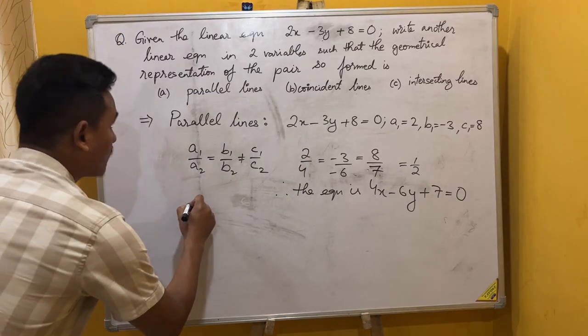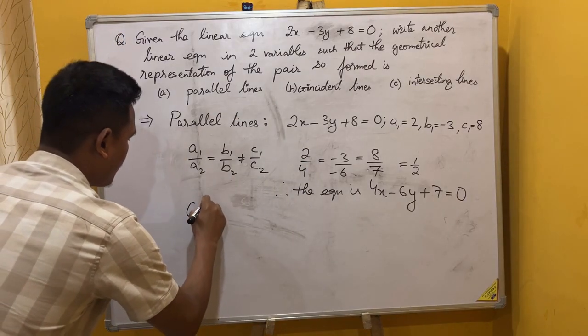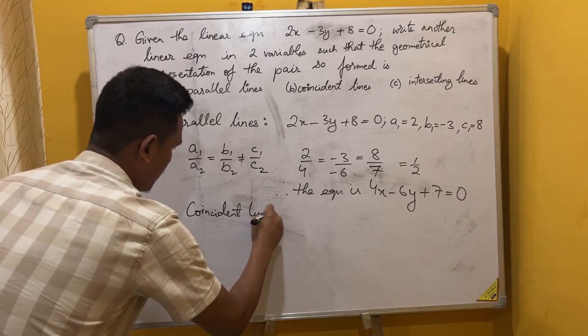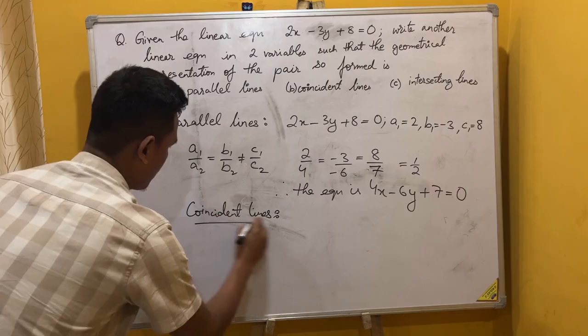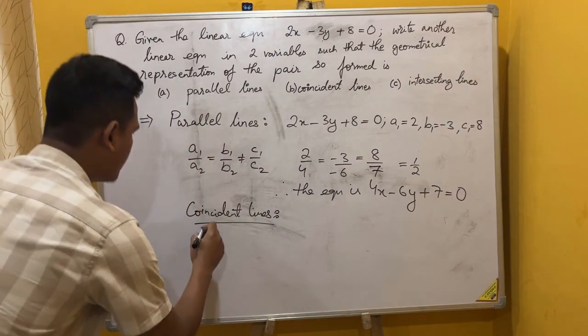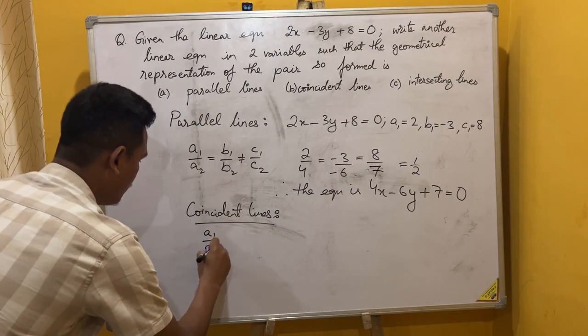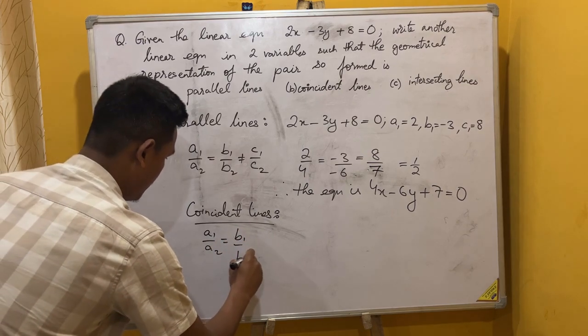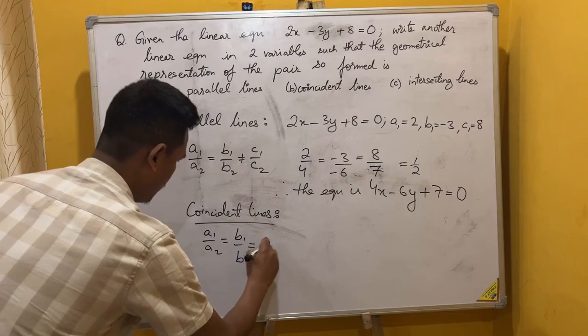So, okay, for coincident lines, the condition is this. I hope you know by now that the three ratios must be equal.